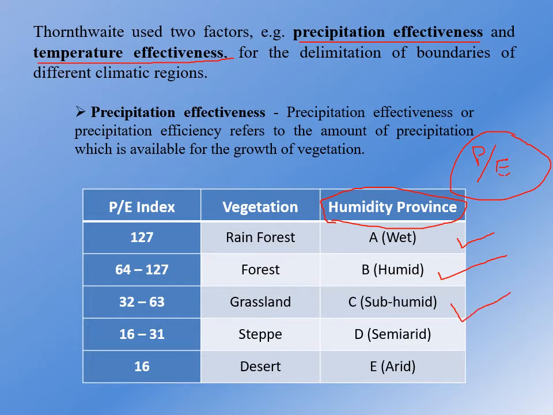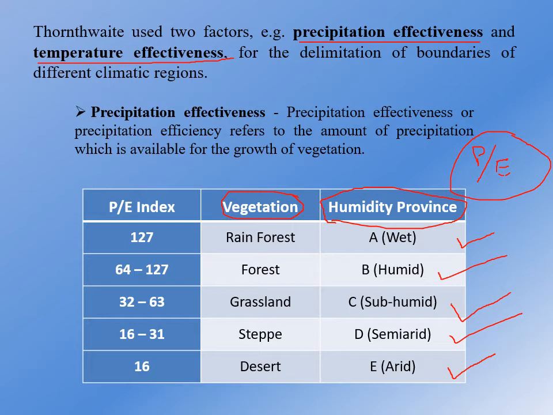And the similarity, as I told you, of this Thornthwaite classification system with the Köppen system, you can see that depending on the different humidity province, the vegetation type also changes. So Thornthwaite also had a close look on the different vegetation types in these humidity provinces.